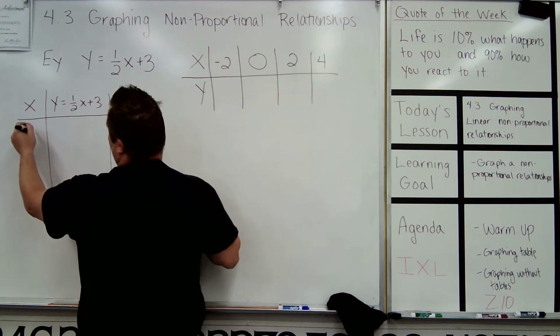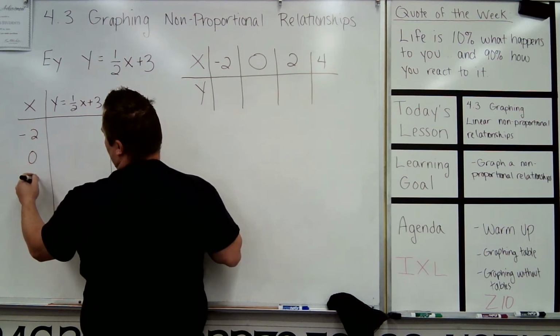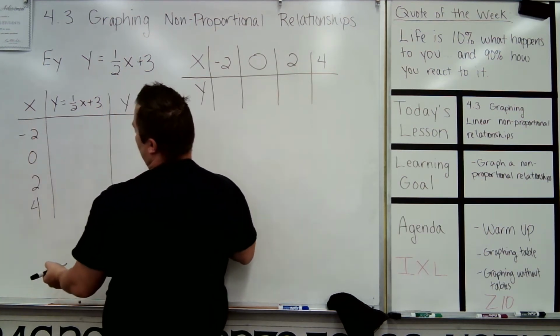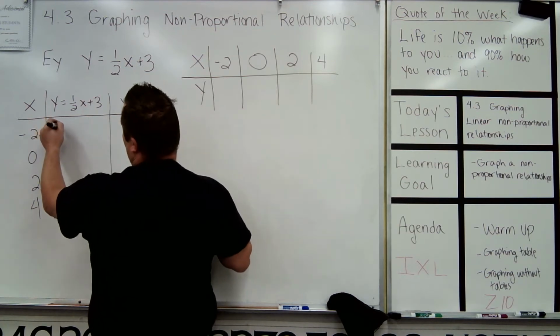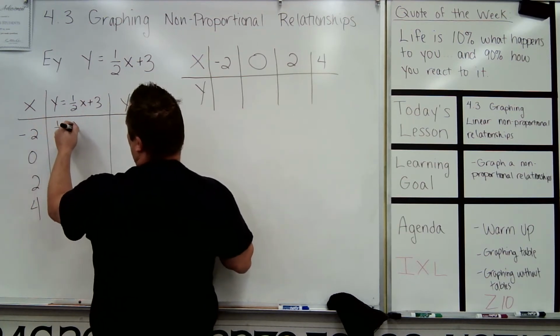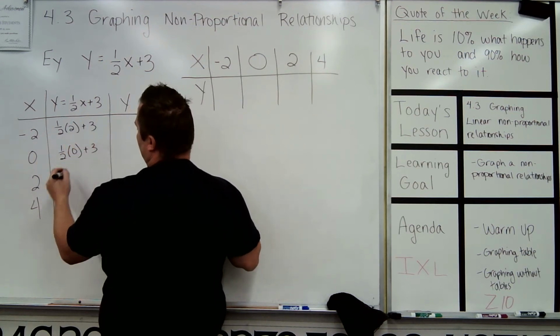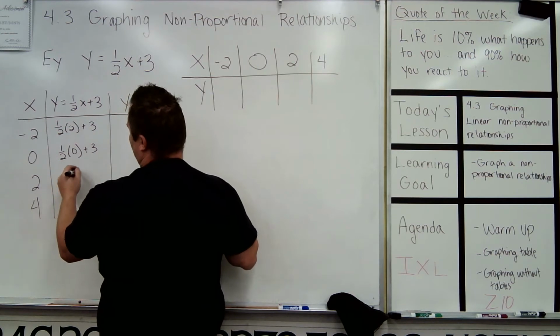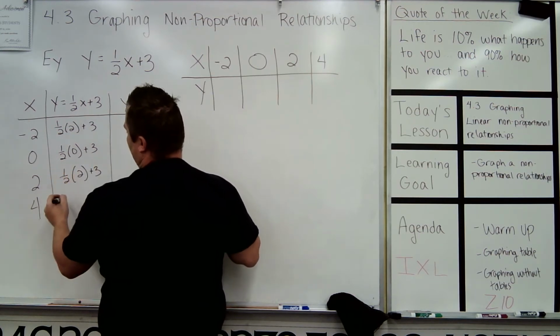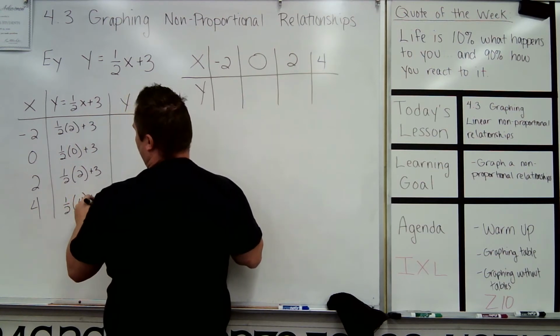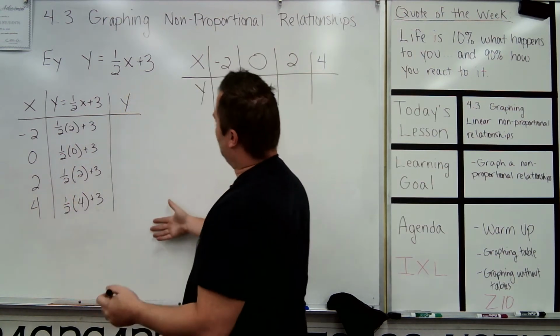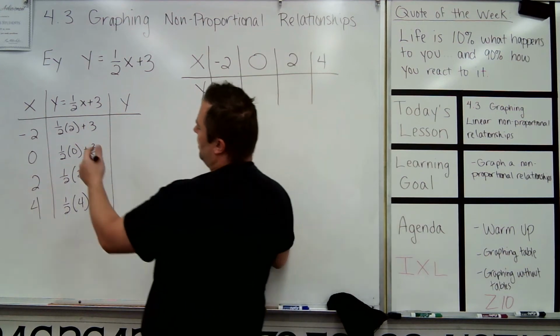Well, we had -2, 0, 2, and 4. That means 1/2 times -2 plus 3, 1/2 times 0 plus 3, 1/2 times 2 plus 3, and 1/2 times 4 plus 3. So what do these values equal? Let's do the math real quick.